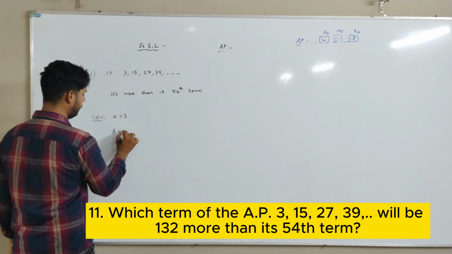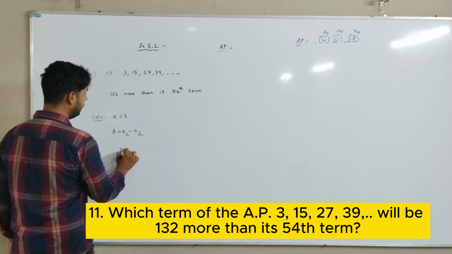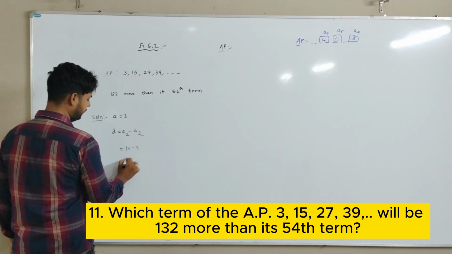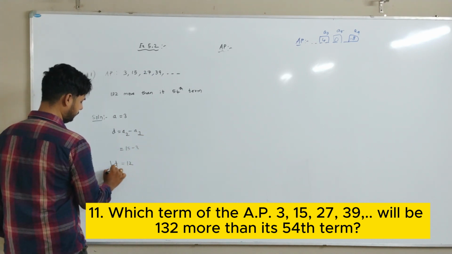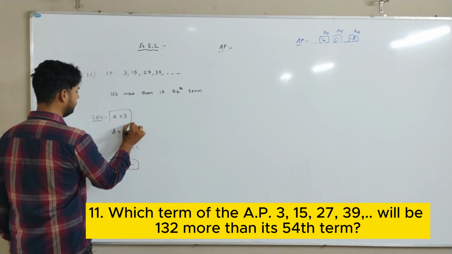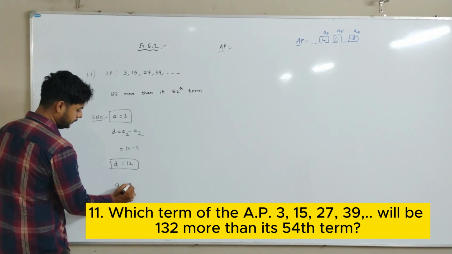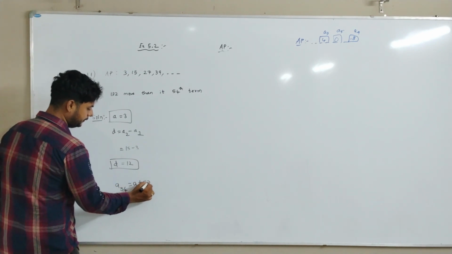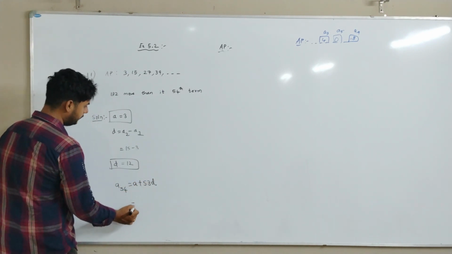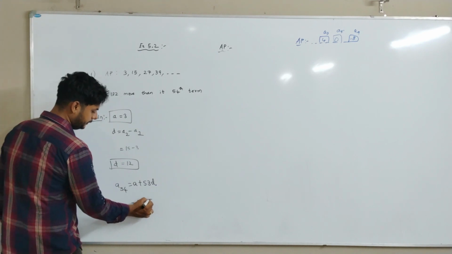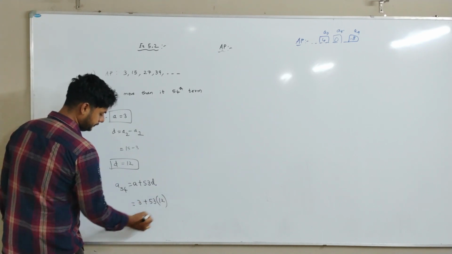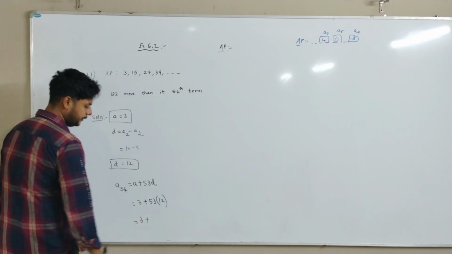D is equal to A2 minus A1. A2 is 15 minus 3. 15 minus 3, 12. D is 12. A is 3. Now A54 is equal to A plus 53D. A is 3 plus 53 of D. 3 plus 53 into 12.